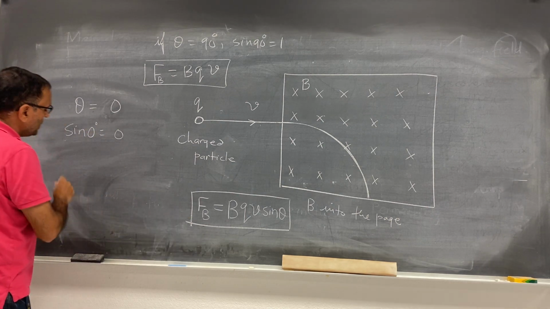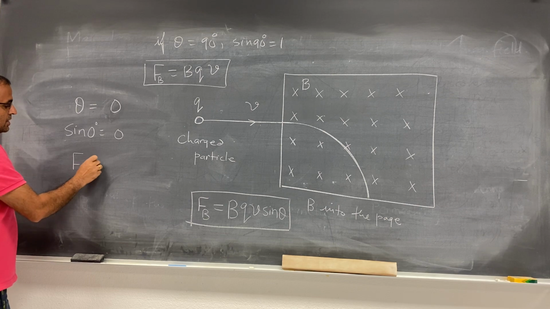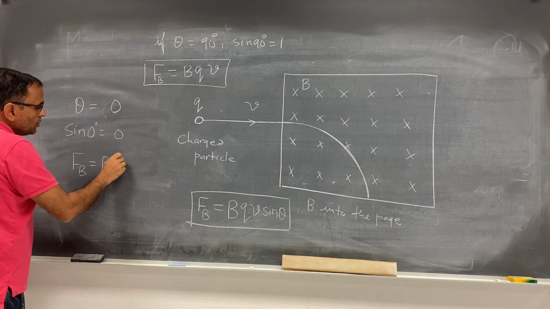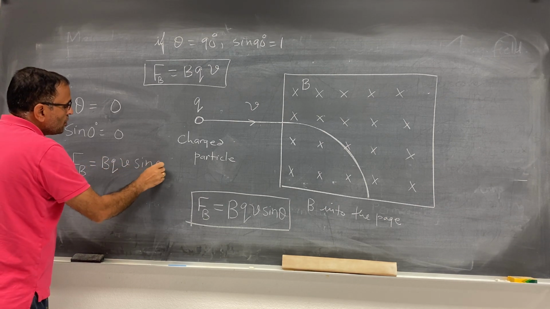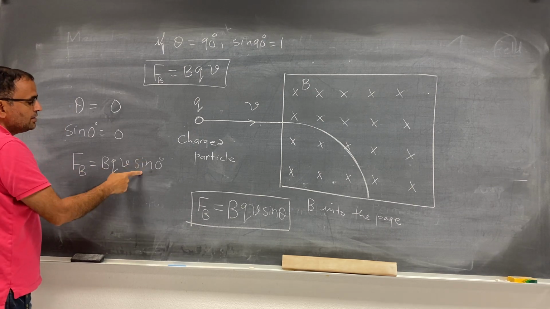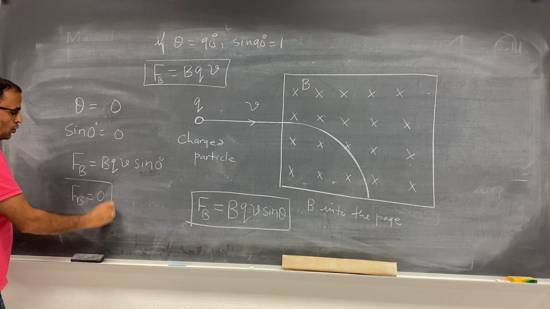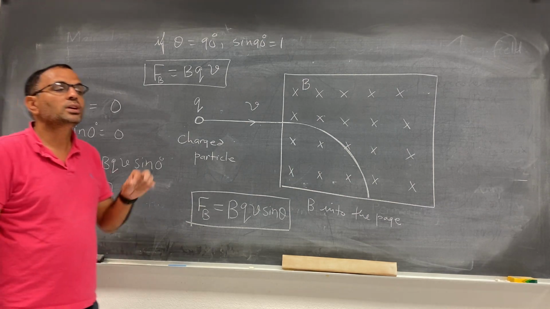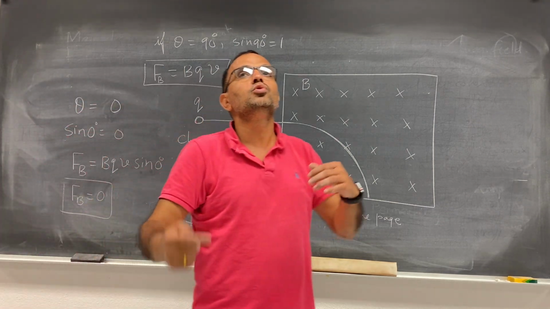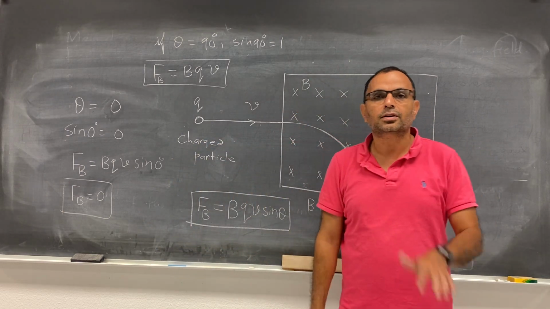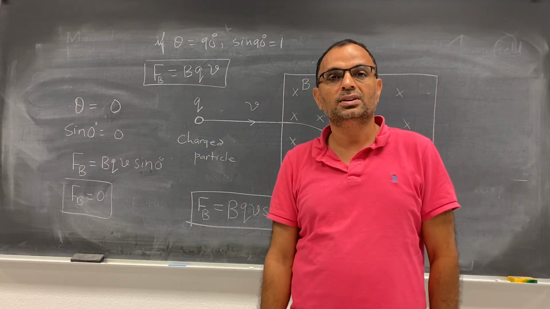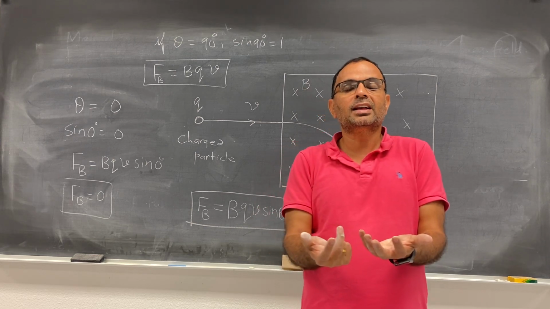Then your magnetic force is BQV sine 0, but sine 0 degrees is 0. So everything is 0. No magnetic force then. So if the charged particle is moving parallel to the magnetic field, there is no magnetic force. I asked these questions in the exam.